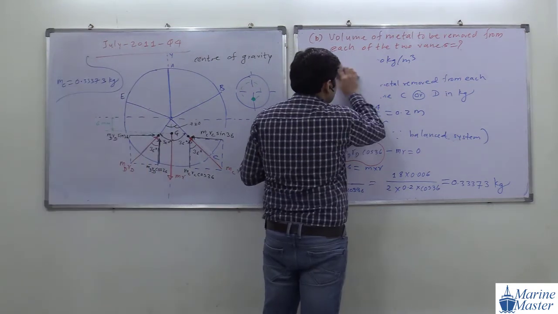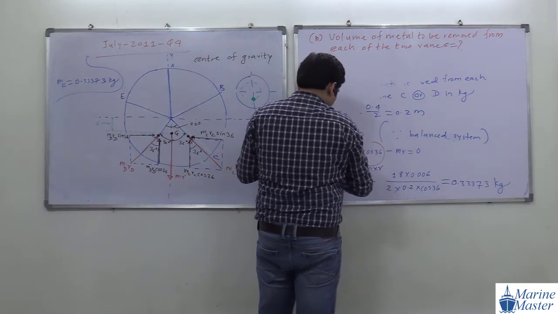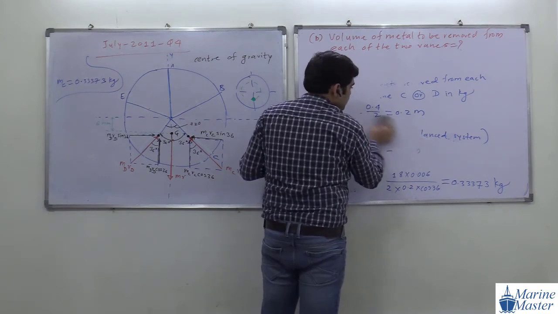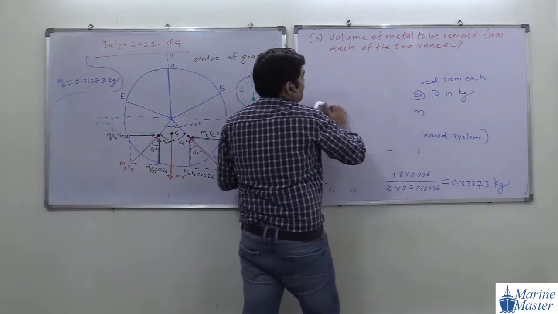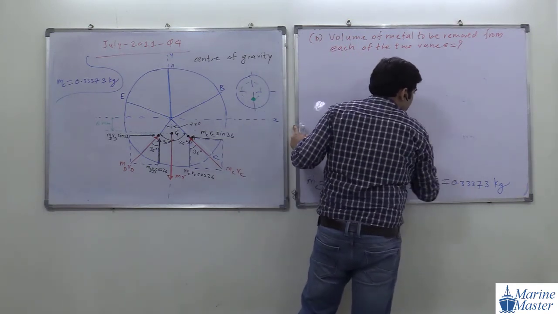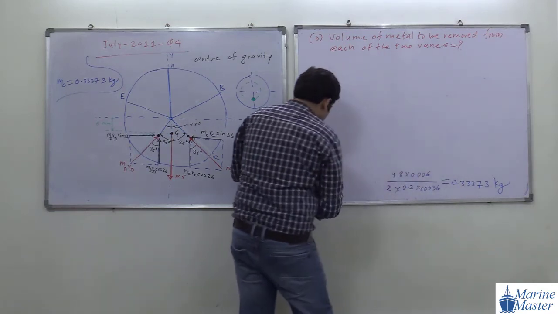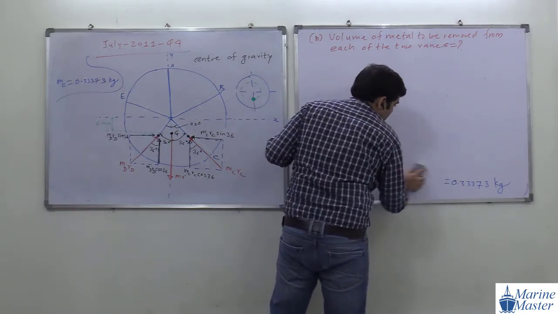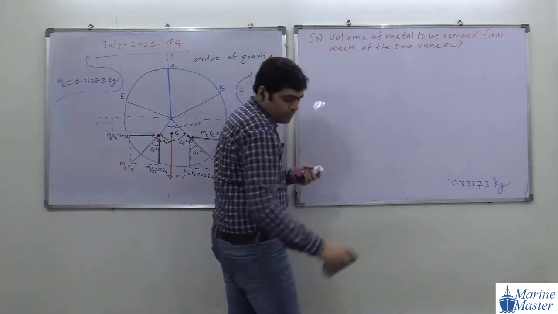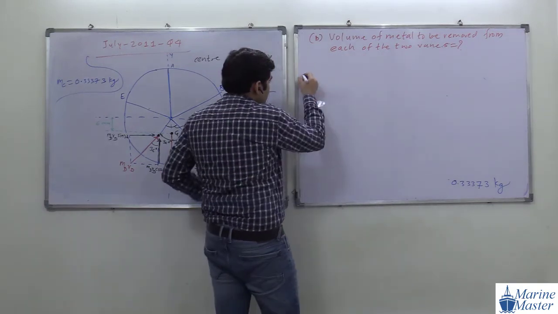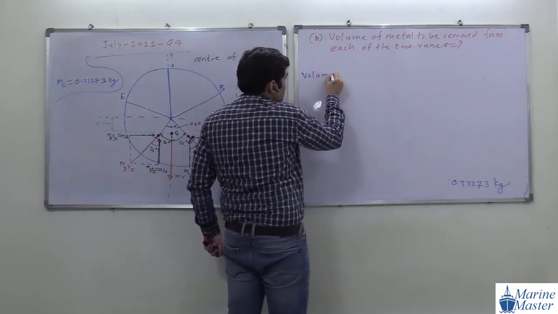So now guys, what is our target? What do we need? What volume of metal is removed from each of the two veins? So our final target is the volume of metal removed from each of the two veins.